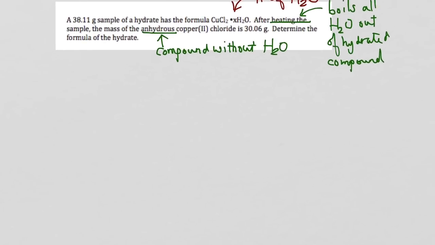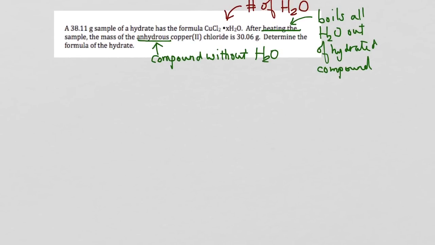So at the end though, we still want the formula of the hydrate. So at the very end of this question, our final answer should look like CuCl2 dot blank H2O. Which means we're interested in finding this number.